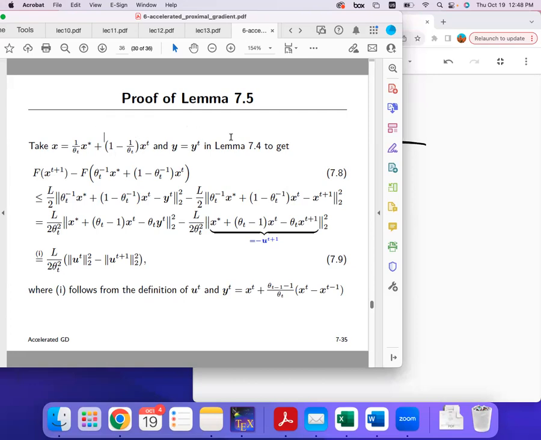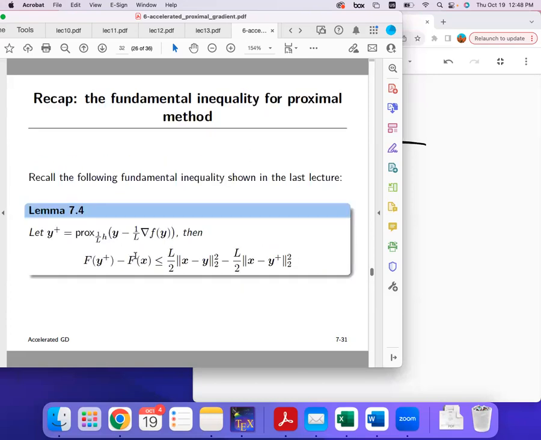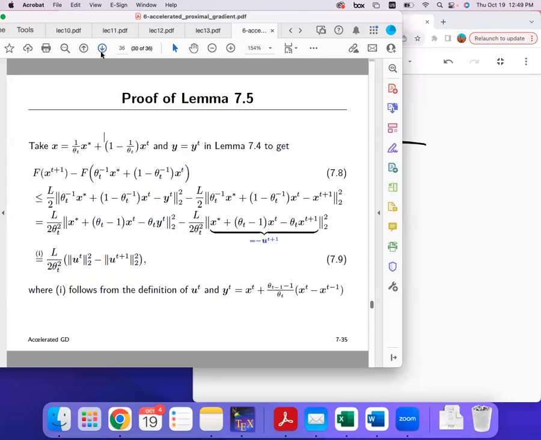Because remember, in 7.4, x and y can be arbitrary 2 points. And y plus is something that is based on y. So we are allowed to choose x and y in this way. Now, once we choose x and y in this way and plug them into 7.4, we simply get the following inequality.